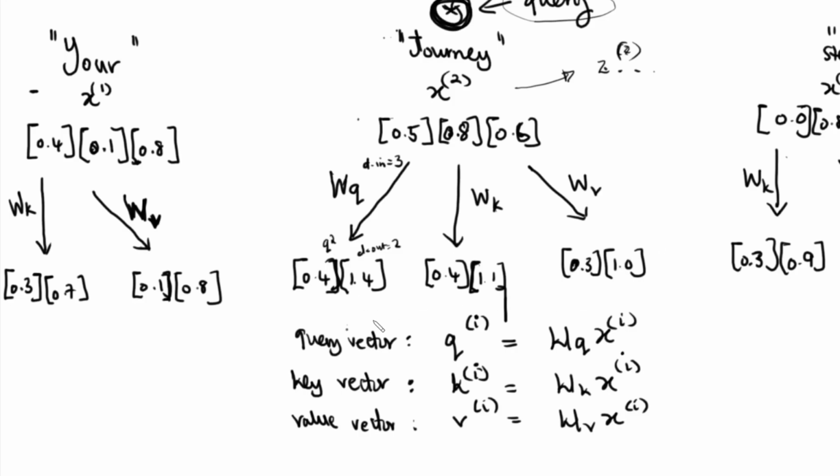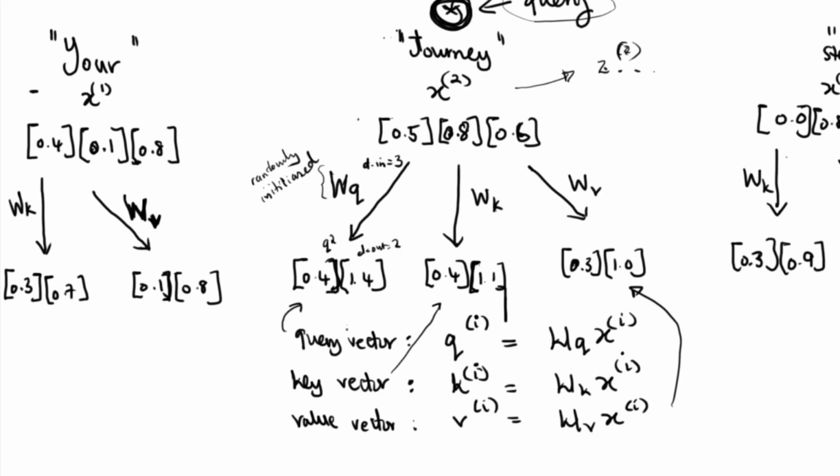So this is now the query vector, this is the key vector, and the last one is the value vector. Those are the ones that we just calculated. And these are randomly initialized in the beginning, because they'll be optimized during training. But for now, we just randomly initialized them.